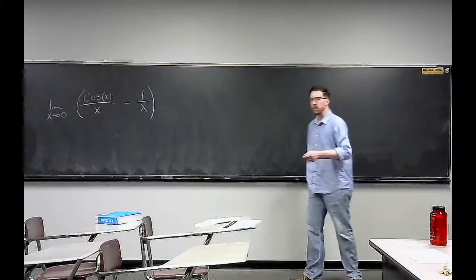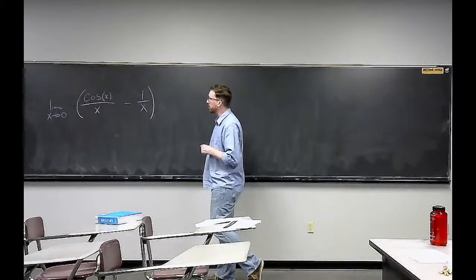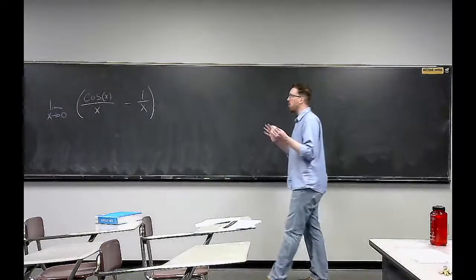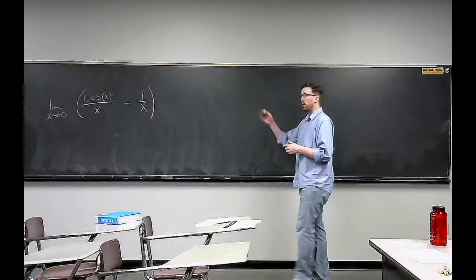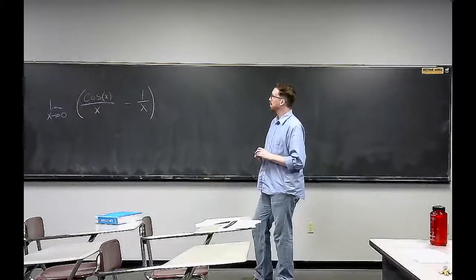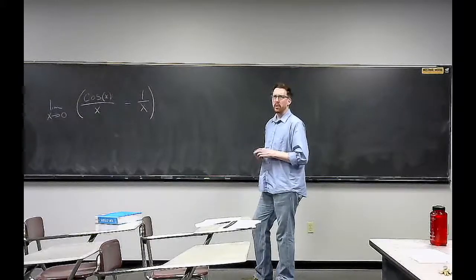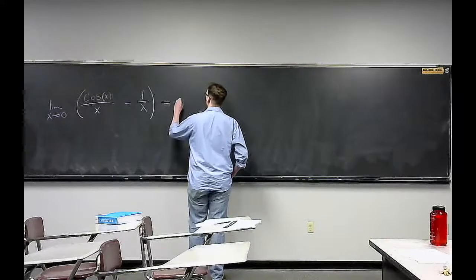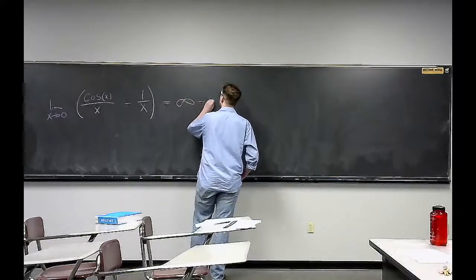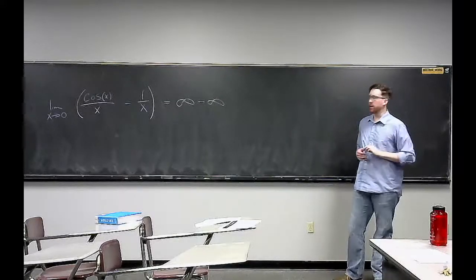All right, so for our first example, we have the case of the limit as x goes to 0 of the quantity cosine of x divided by x minus 1 over x. Well, if we were to apply the limit directly onto that, we'd have this case right here, right? Infinity minus infinity. That's no bueno, though. It's an indeterminate form.